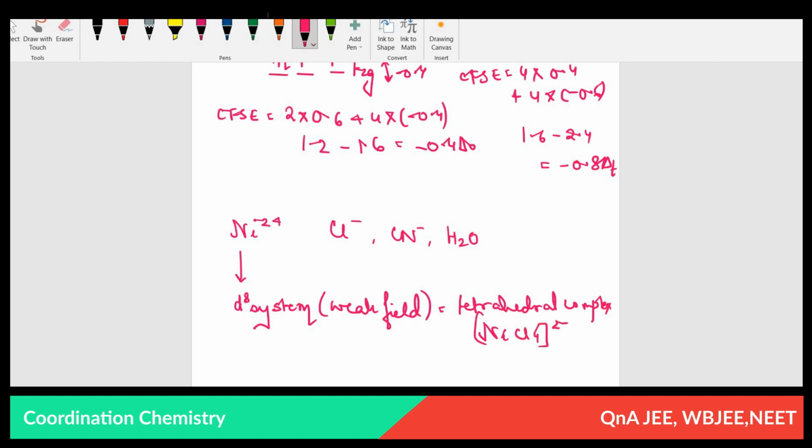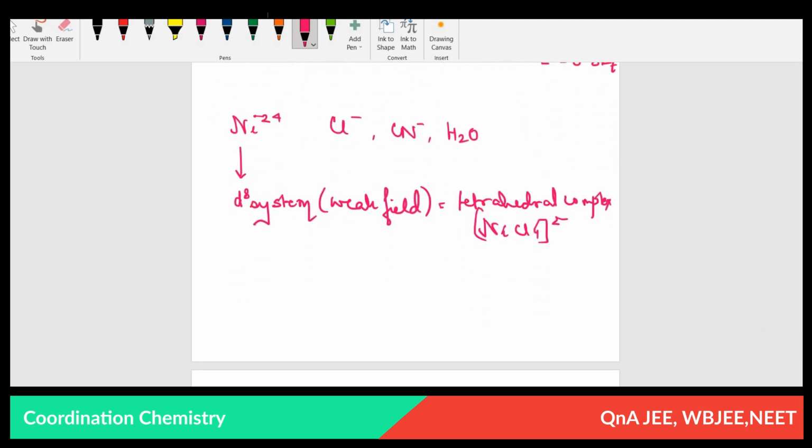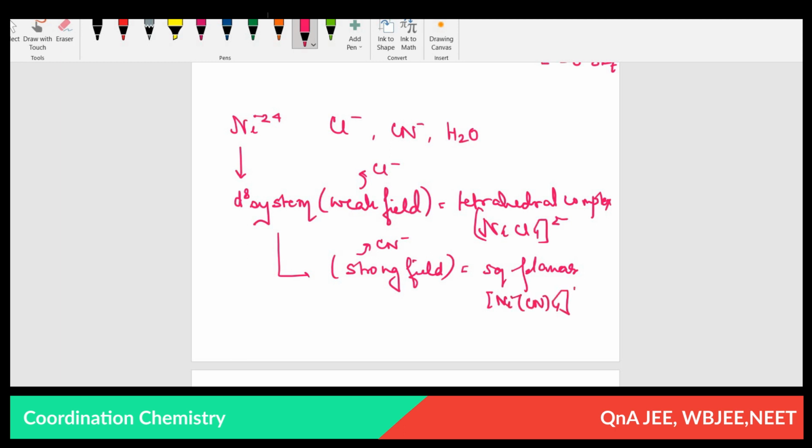When the d8 system has, in this case this was Cl minus, a weak field ligand, it gives tetrahedral. When the d8 system has a strong field ligand, in this case cyanide, meaning the ones which are very high in the spectrochemical series, not the intermediate ones, this will give a square planar complex, that is Ni(CN)4 2 minus.